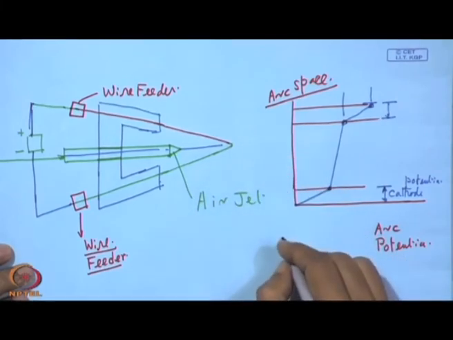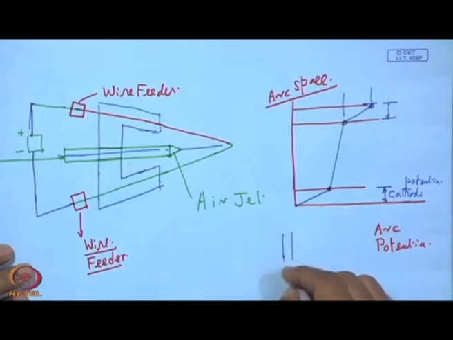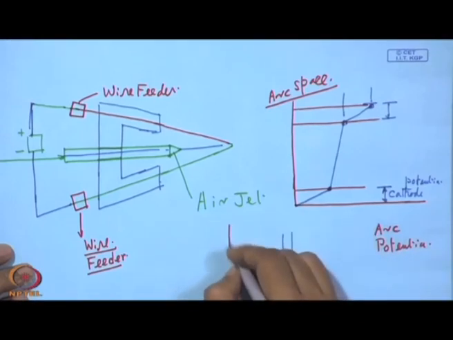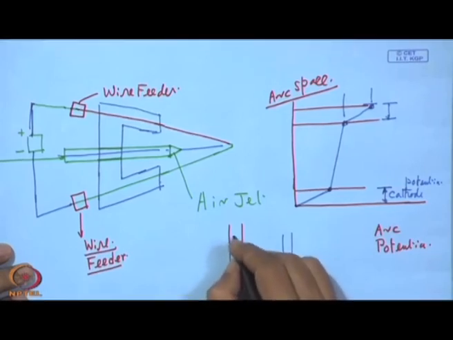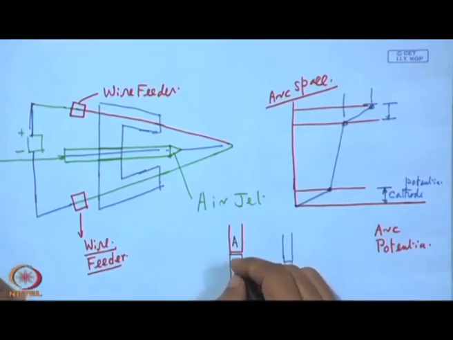Say these are the two wires from two sides, let us show it here. So, this is say A and this is B. When we try to separate them, at that point an arc is struck between A and B.